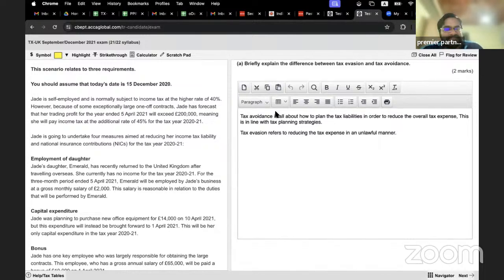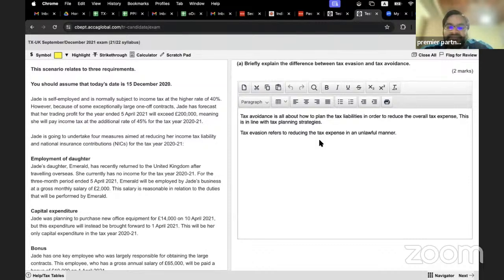Tax avoidance is trying to reduce the tax liability using tax planning techniques, which is legal to a certain extent. On the other hand, tax evasion is where we're trying to illegally reduce the overall tax liability.